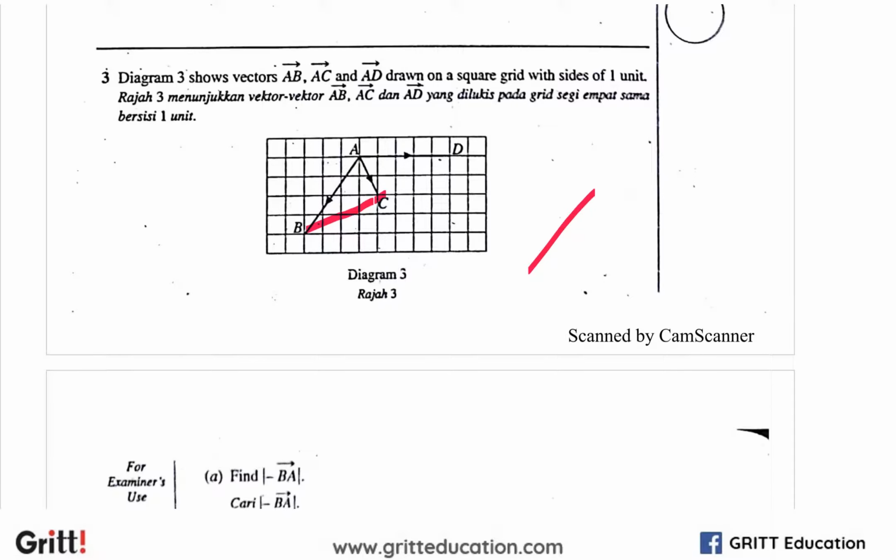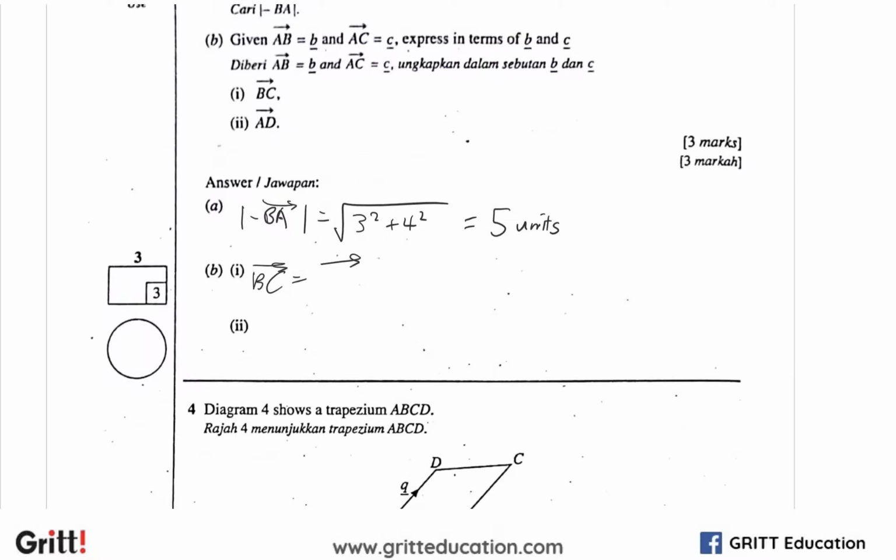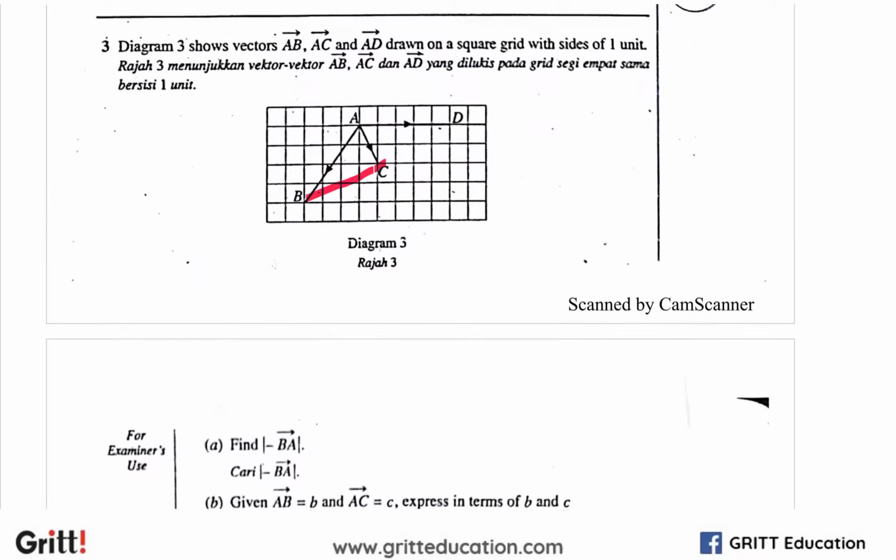So they're referring to that part. So B to C, a good way you can get from B to C is from B to A and then to C. So it will be a combination of BA plus AC.